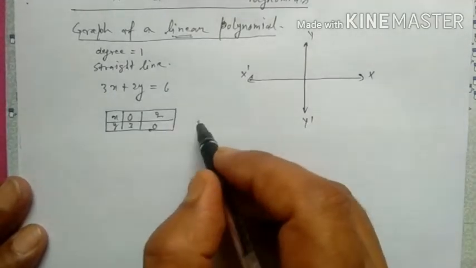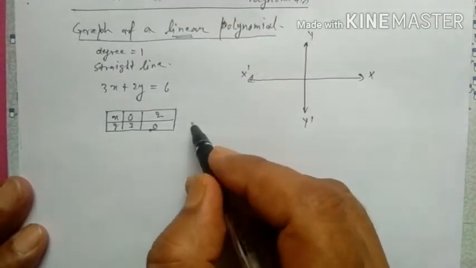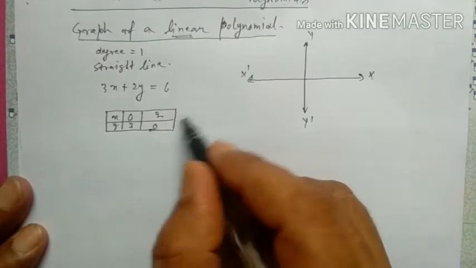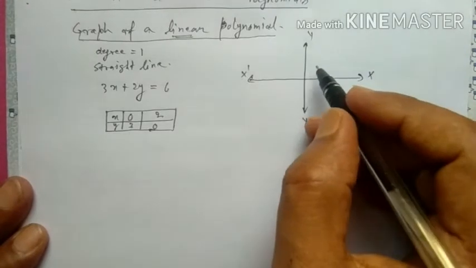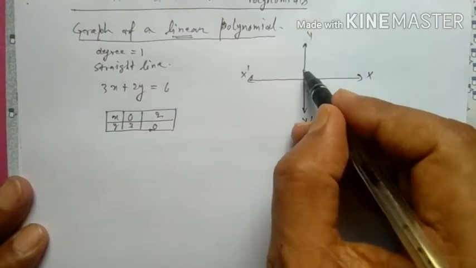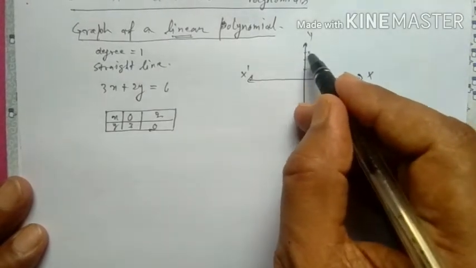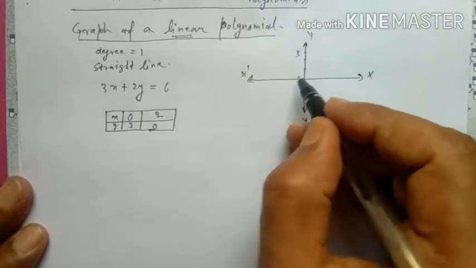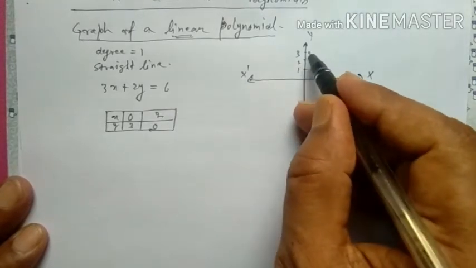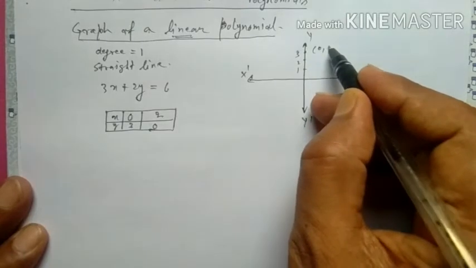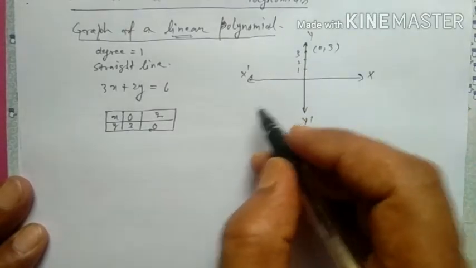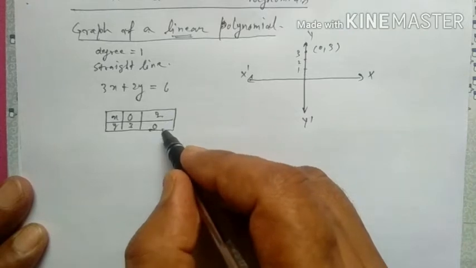Now we can take some more points also, but we can draw using these points: x equal to 0 and y equal to 3, this point, 0 and 3, and second is x equal to 2, y equal to 0.